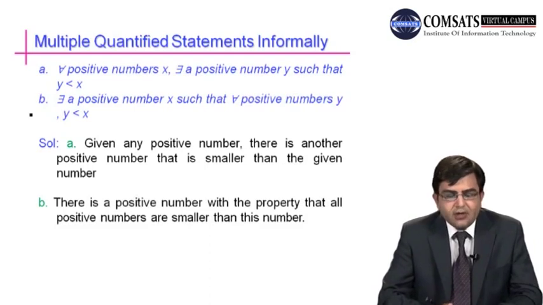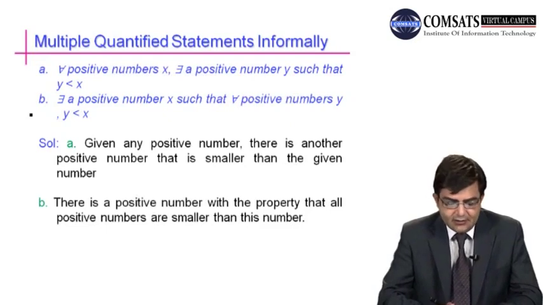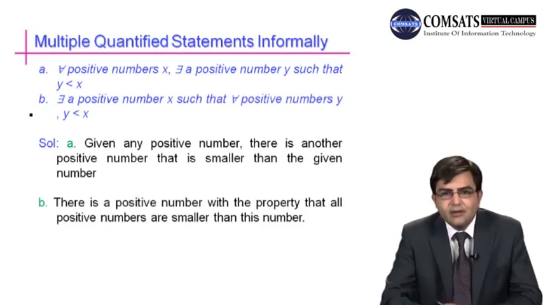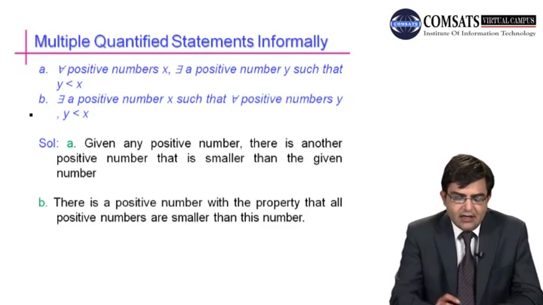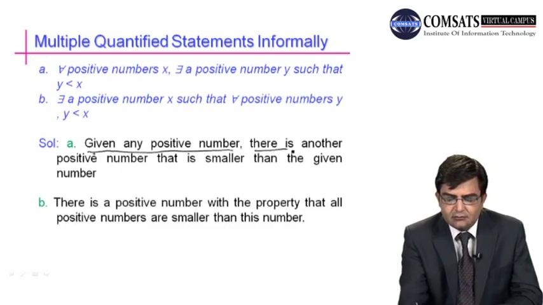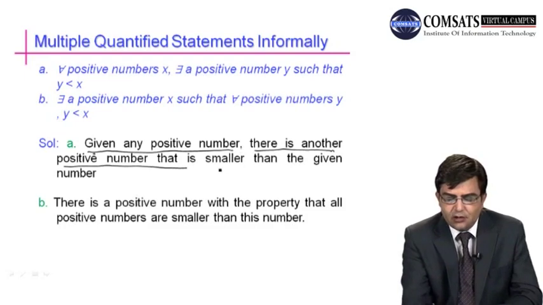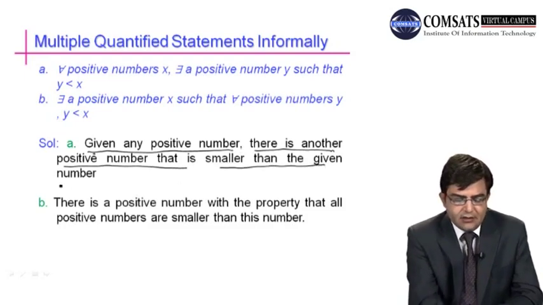Given any number x, there exists a positive number y such that y is less than x. So in simple or informal language: given any positive number, there is another positive number that is smaller than the given number.